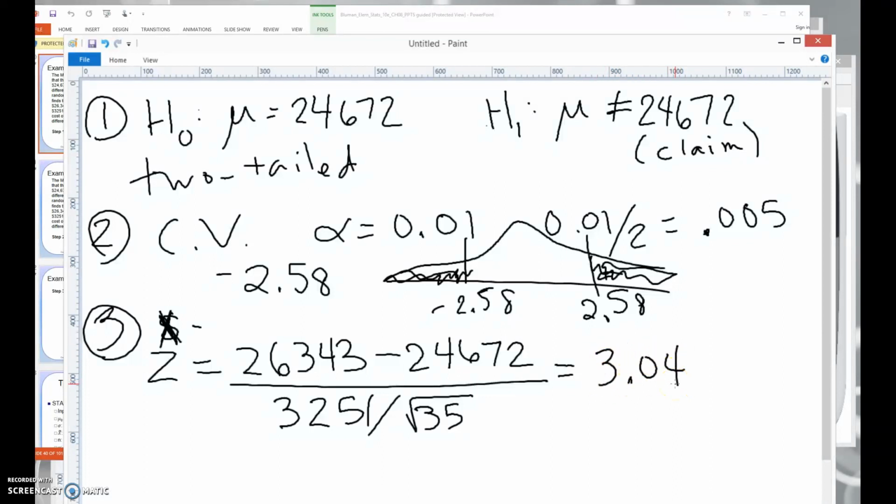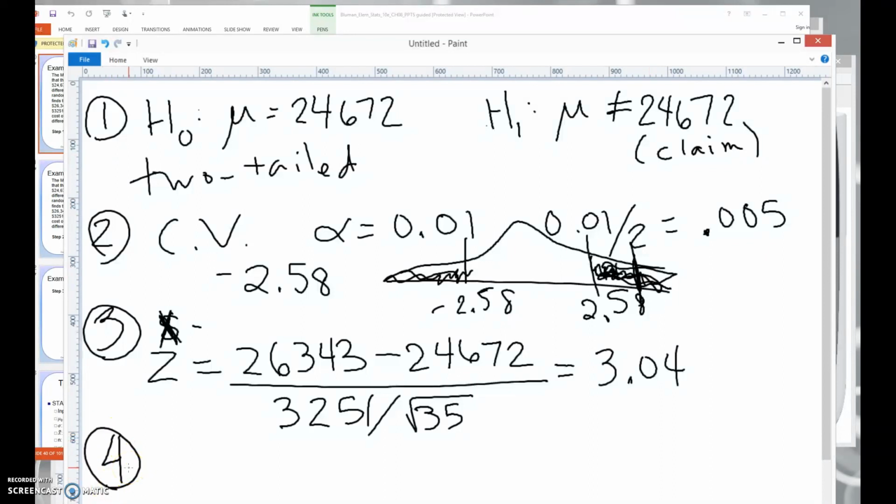Okay, so this is our test value. Our critical areas are less than negative 2.58 or greater than positive 2.58. Now, because our value is 3.04, that falls in this region here. It falls in our shaded or critical region.